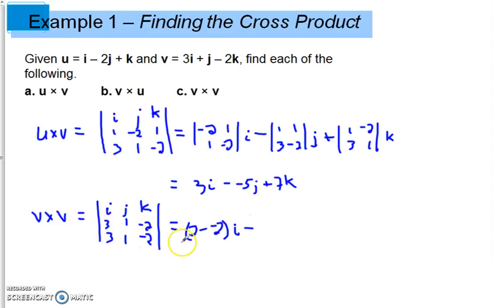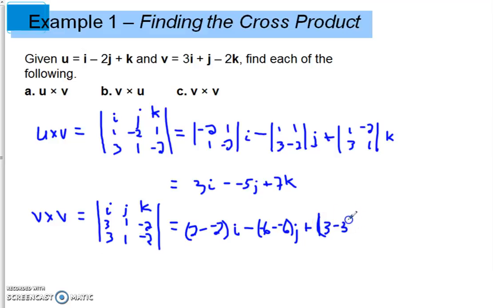I get 3 times, that gives me -6. Minus 3 times -2 is -6. Okay, and that'd be j plus the k term. Oops, I want that to be a parenthesis. Cross off the k's there, I get 3 minus 3, that's obviously 0.